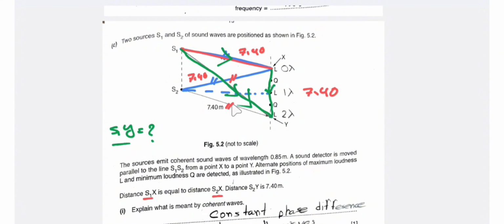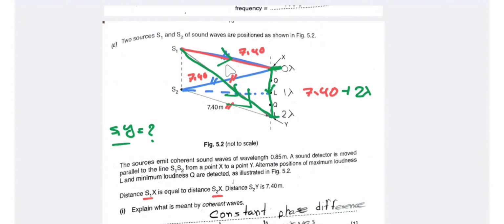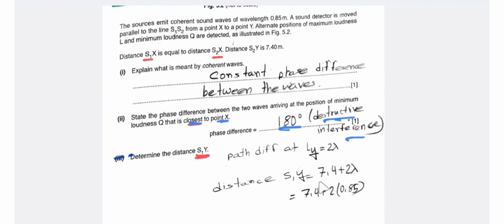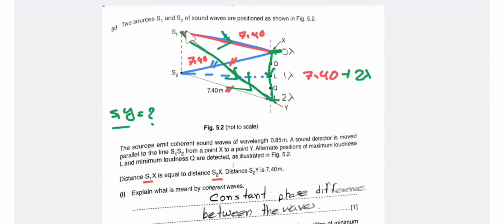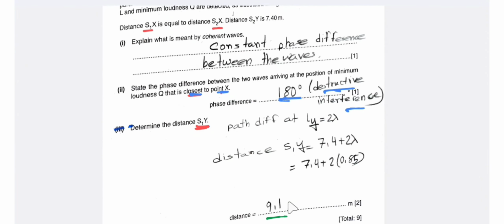So this length would be equal to S1x, that is 7.40, plus from this point to this point, which is 2 lambda. From one loud to the next loud is 1 lambda, so from first loud to second loud is 2 lambda. So S1y is equal to 7.4 plus 2 lambda. So we get the distance as 9.1 meters.